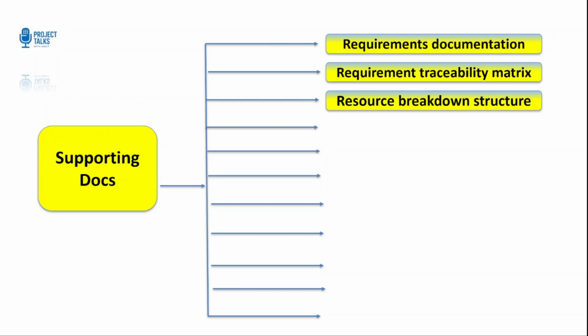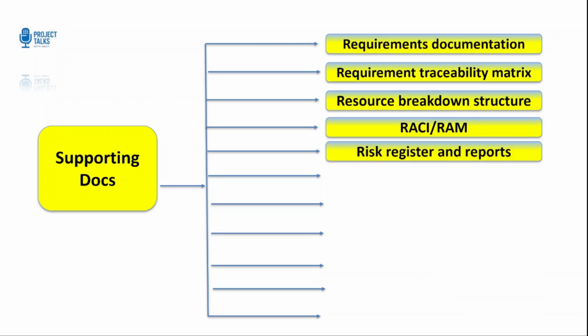This helps in resource planning and allocation. Next is your RACI or RAM, which is a responsibility assignment matrix. Now, this defines who is responsible, accountable, consulted, and informed for each task or deliverable. It helps avoid confusion in role accountability.